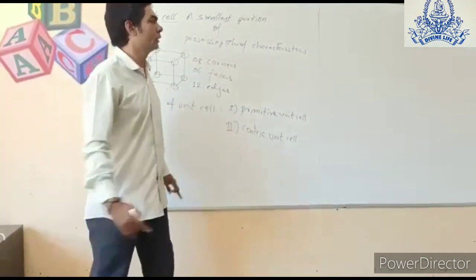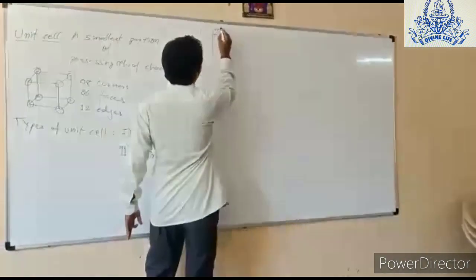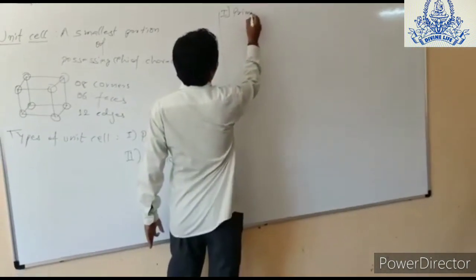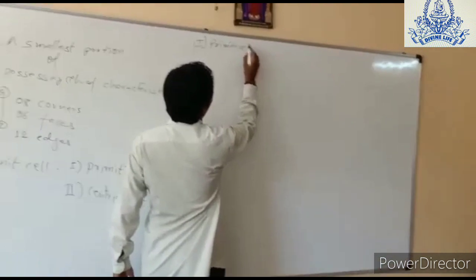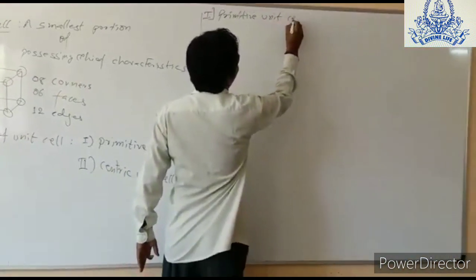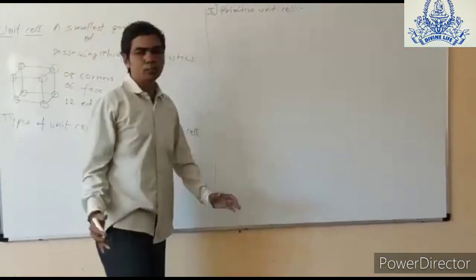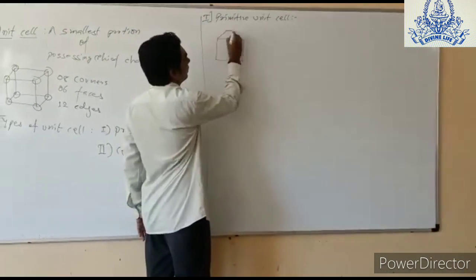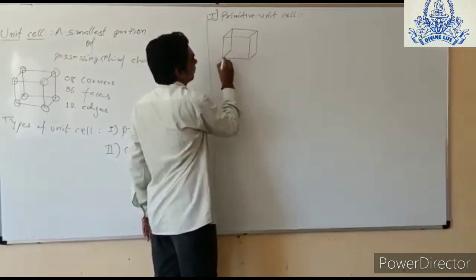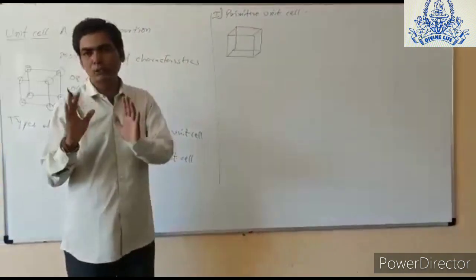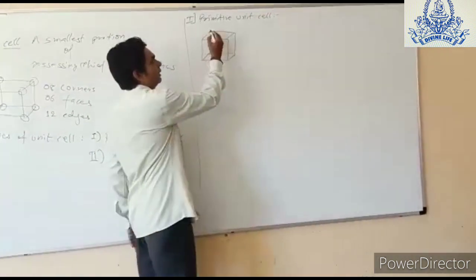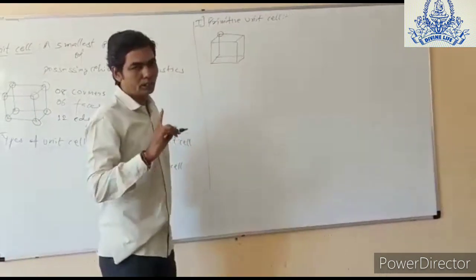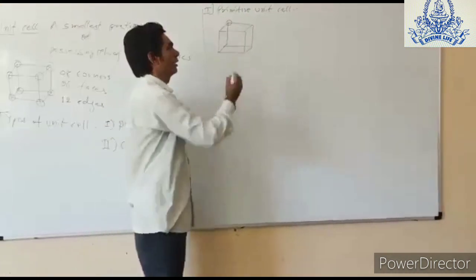So in a primitive unit cell, a simple cube is considered like this, in which there are 8 atoms on 8 corners.